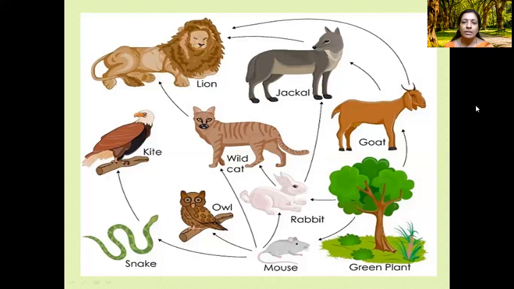So these different animals which make the plants their source of food then go on to form different food chains, and all these different food chains then get interconnected. So when so many different food chains get interconnected and overlap each other, it is known as a food web.